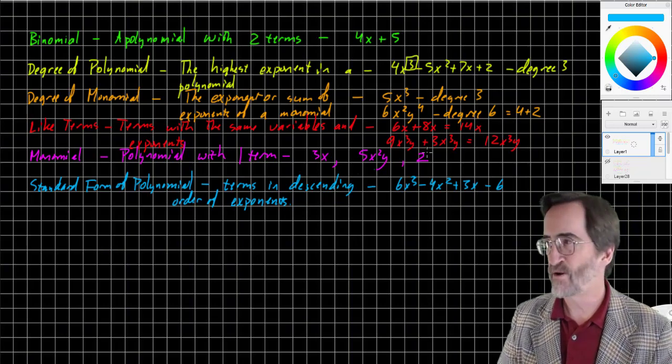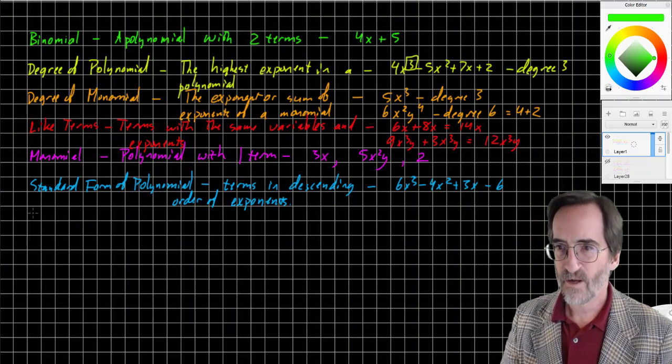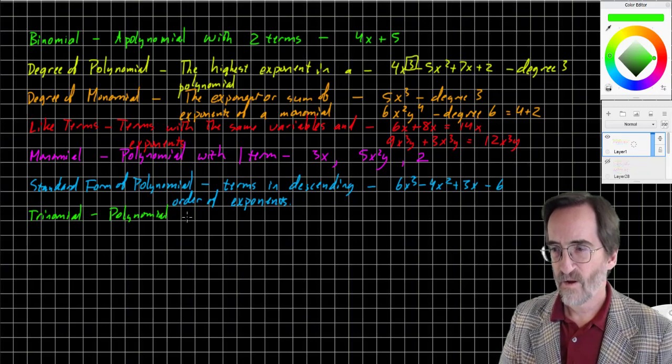Standard form of polynomial. Trinomial. That's a polynomial with 3 terms.